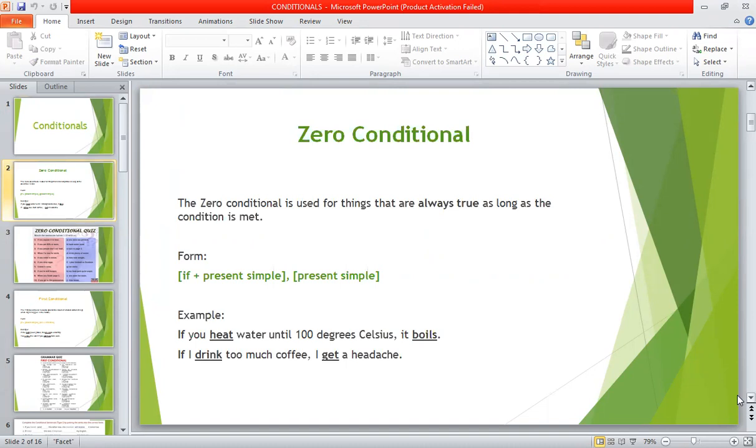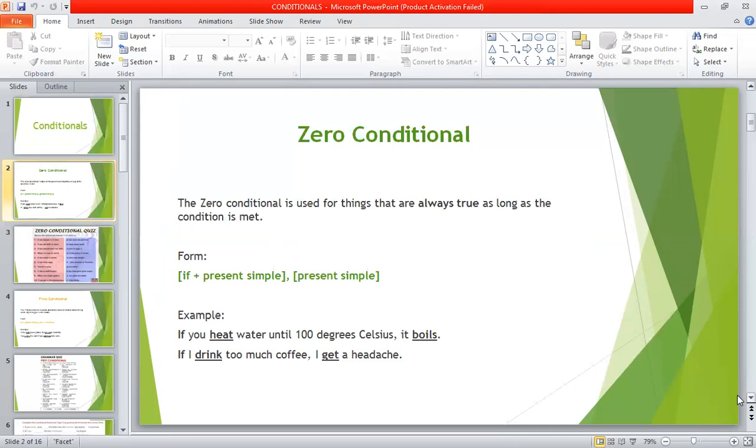And there's something else. It's called mixed conditional.